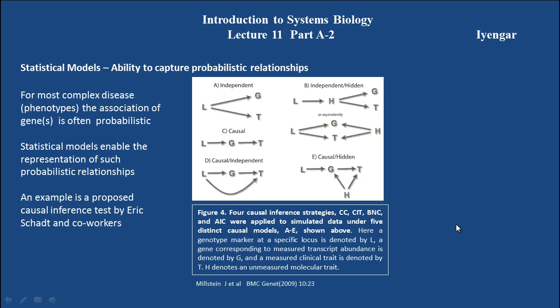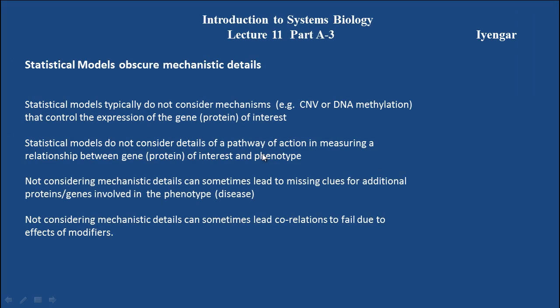These kinds of statistical tests, although they're not very widely used as yet, tell us that even when you don't know all the details in between, one can clearly link a gene to a phenotype, and thus allow for an understanding of how the system might behave and have predictive capability of system behaviors. So those are the positives with regard to statistical models.